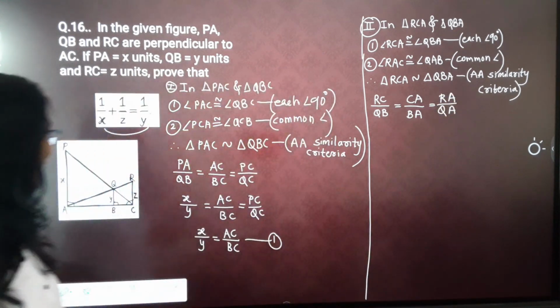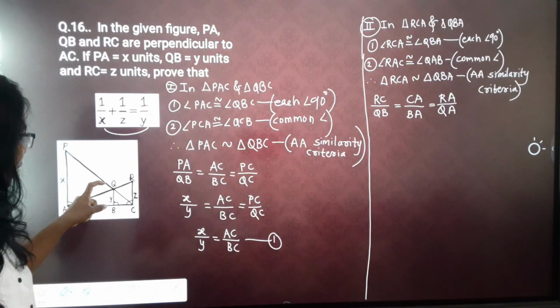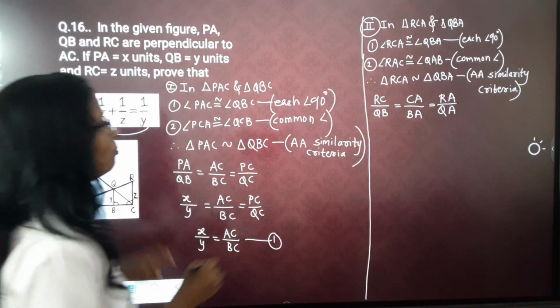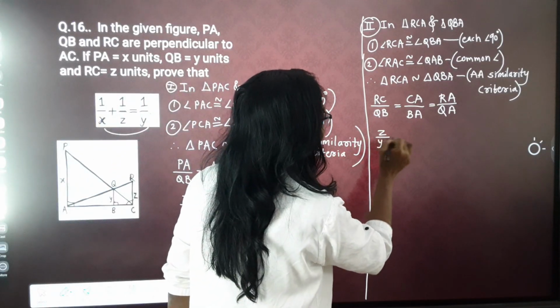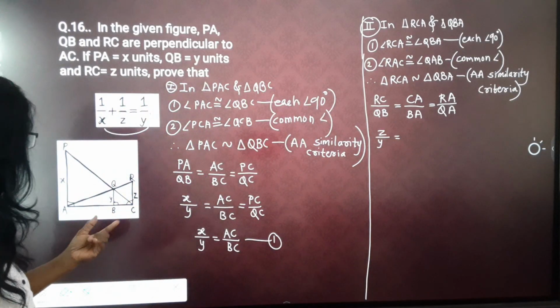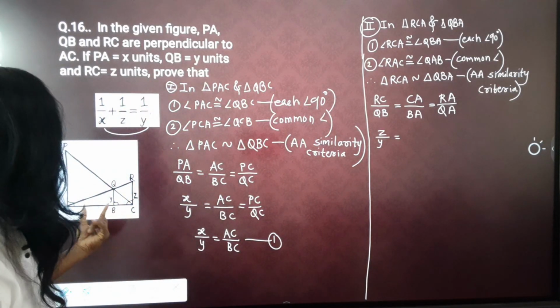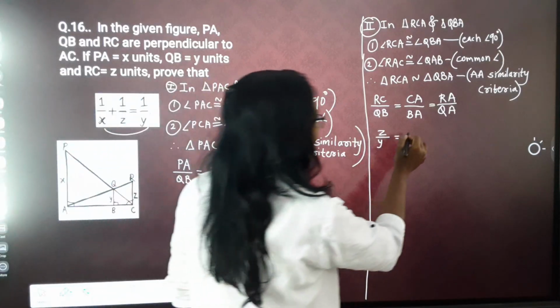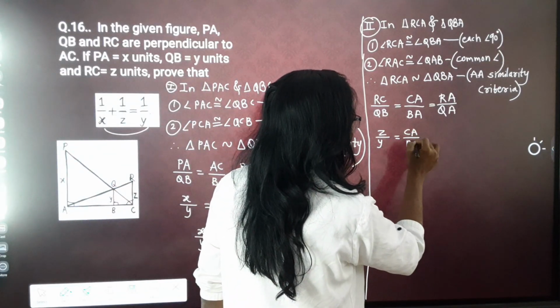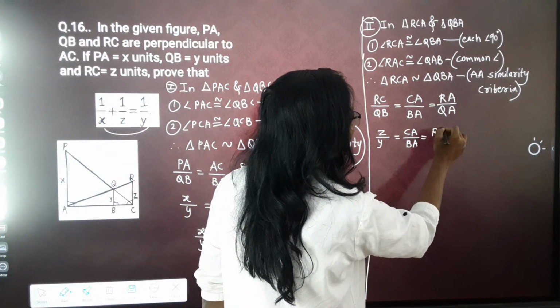So now here students, RC is Z, QB is Y. So Z upon Y is equal to CA, BA not given, so write down as it is, CA upon BA, and is equal to RA upon QA.